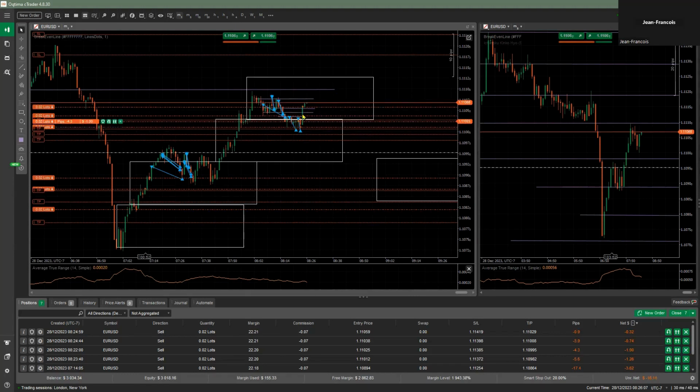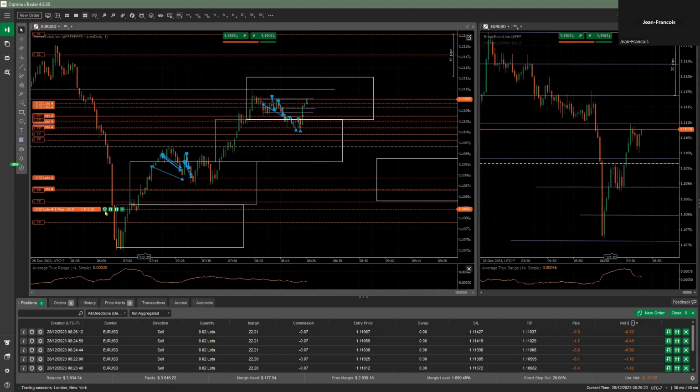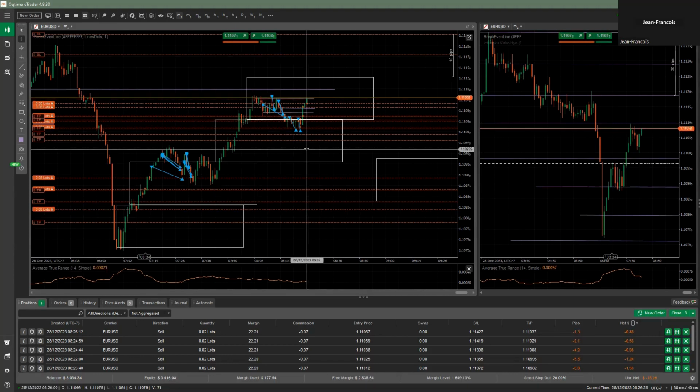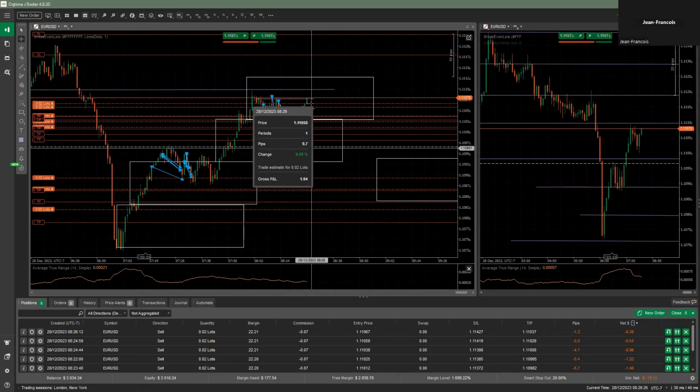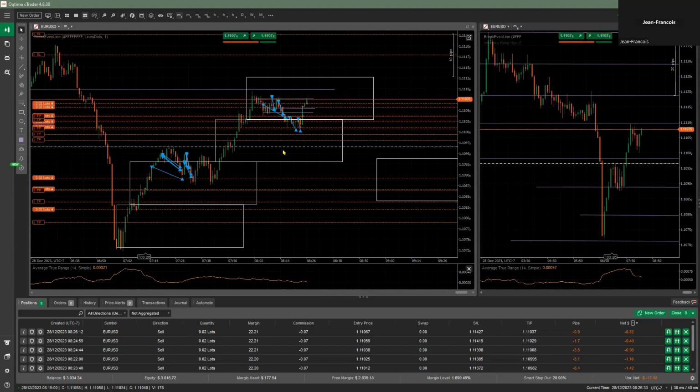I have one click left that belongs in this box, and so I'll put it right there. And so you saw the white line moved up, this white line here, right? The white line is the average of everything. And the average of everything as we speak is 11 pips away. So I'm engineering this.